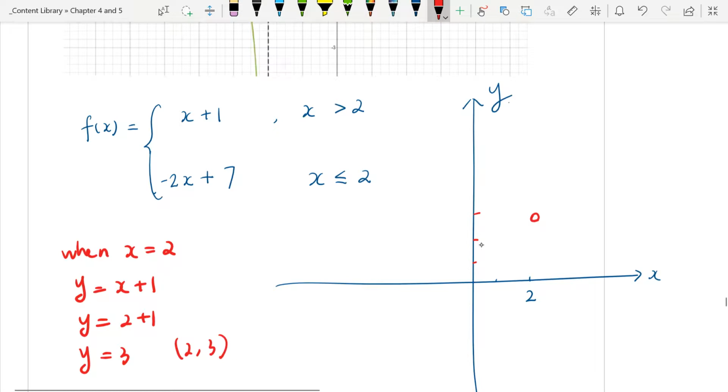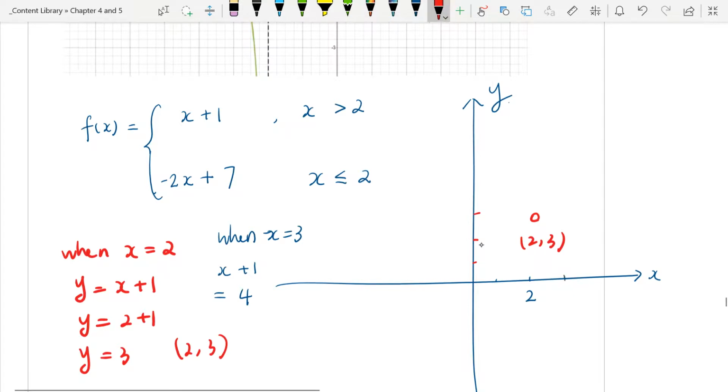This graph will exist on the right-hand side of 2. So I will take another point greater than 2 to find another point on the linear function. I will say when x equals 3, just take the easy one, x plus 1 equals 4. So (3, 4) is a point on this graph.